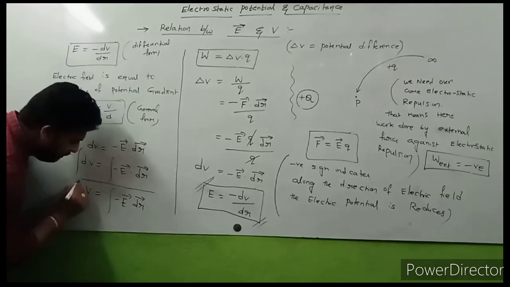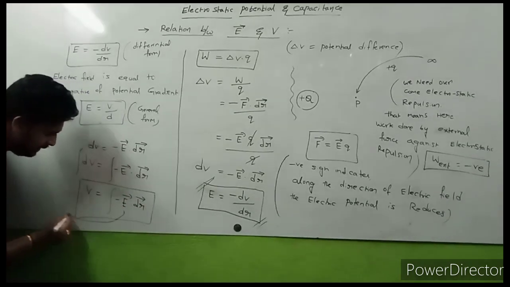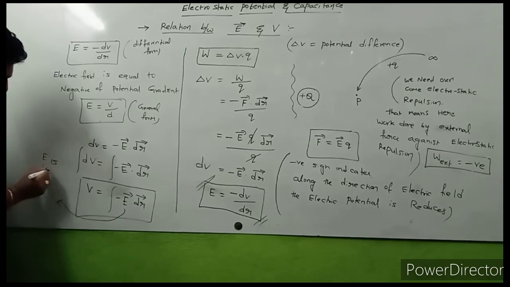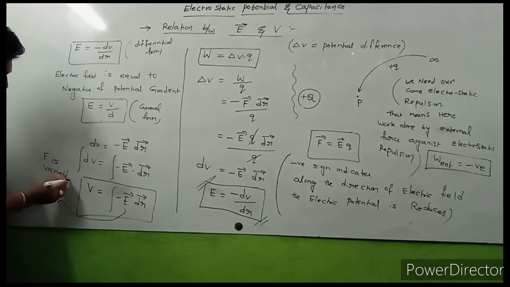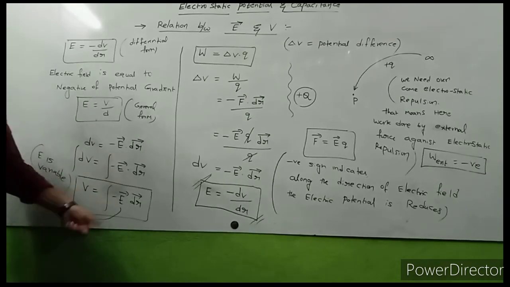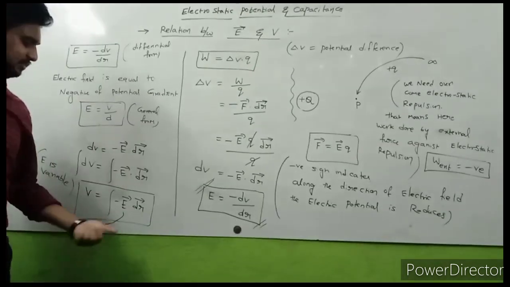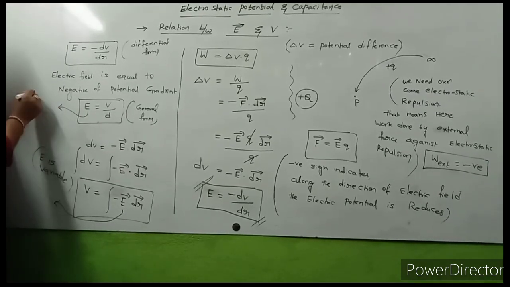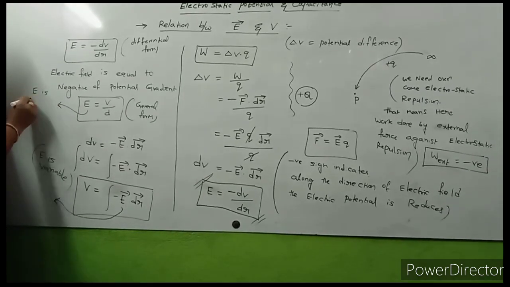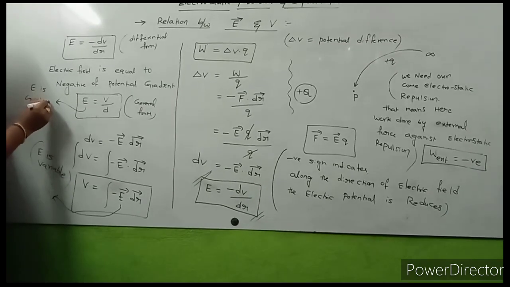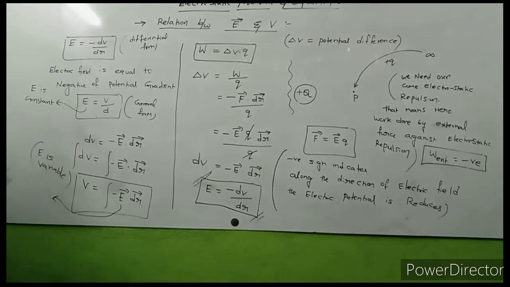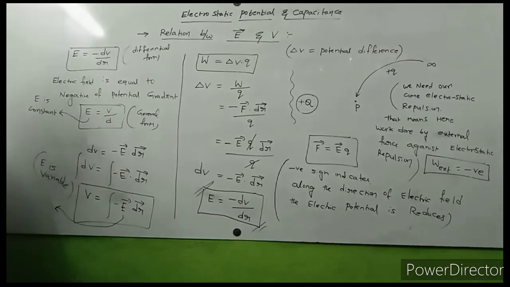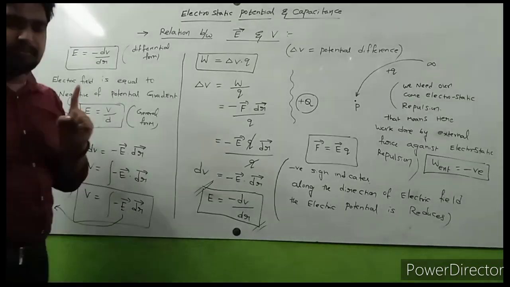We apply this when the electric field is variable, that means the electric field changes. If E is constant, we apply the other formula. If E is a variable, we apply this formula. Very, very important. Please keep it in mind.